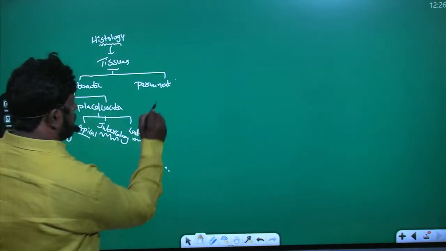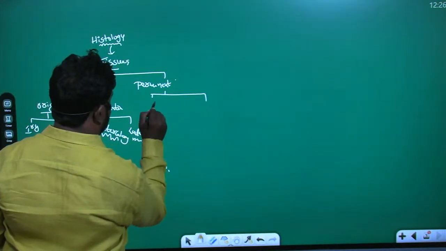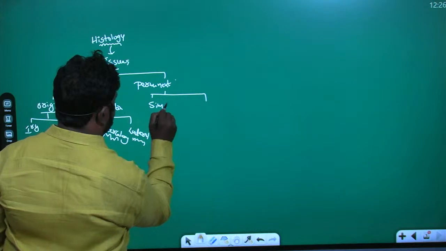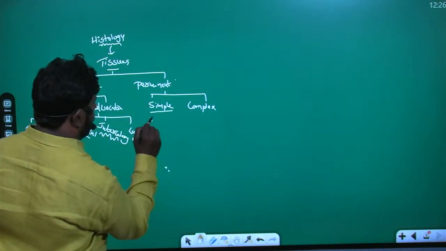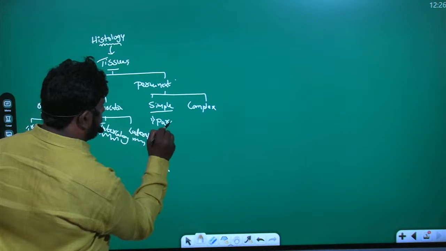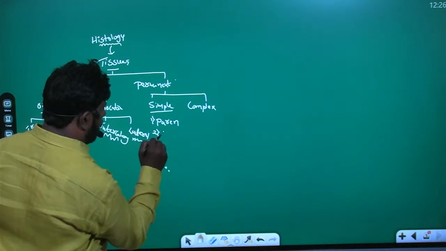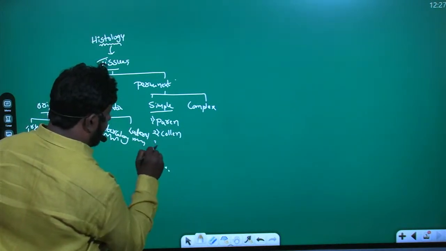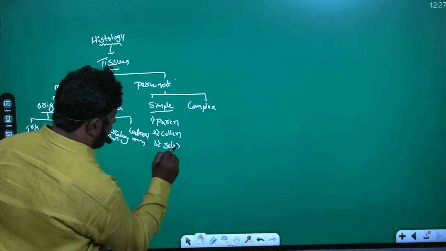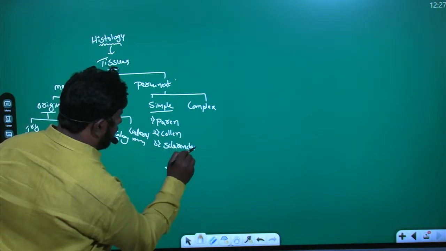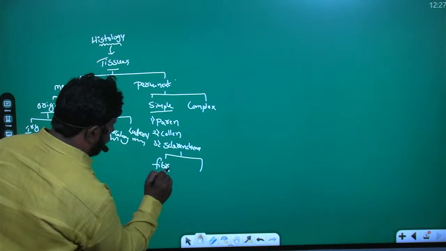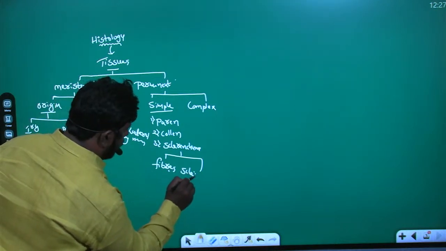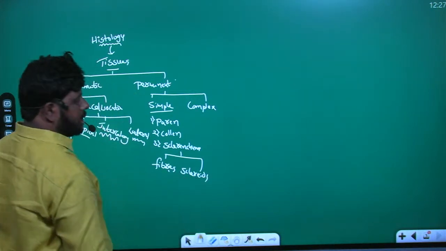And in permanent tissues, there are two types: simple and complex. Simple tissues are three types: parenchyma, second collenchyma, third sclerenchyma. In sclerenchyma there are again two types: fibers and sclereids.